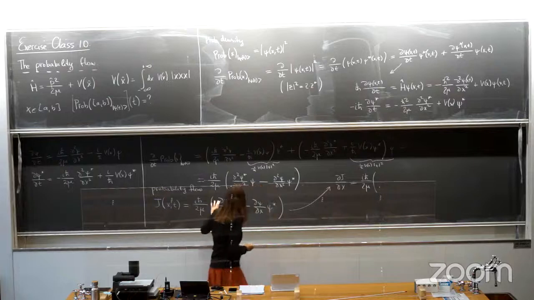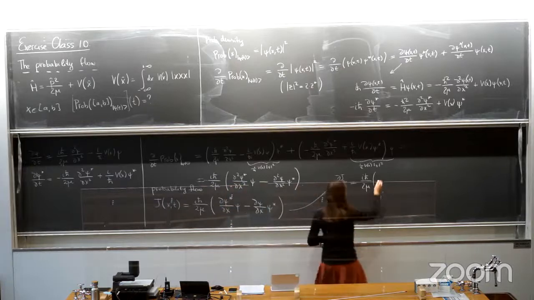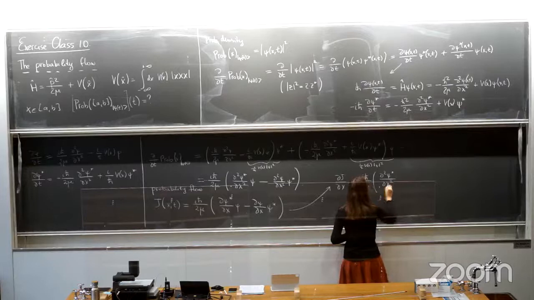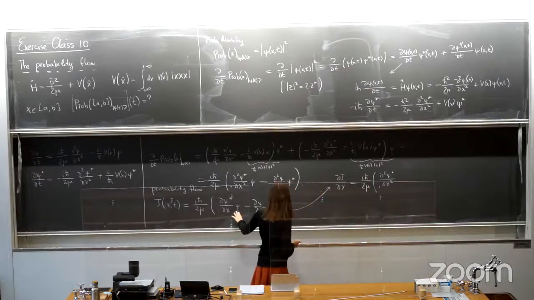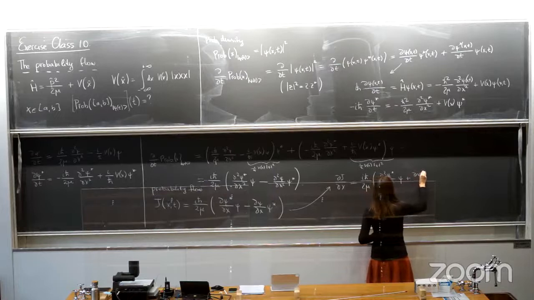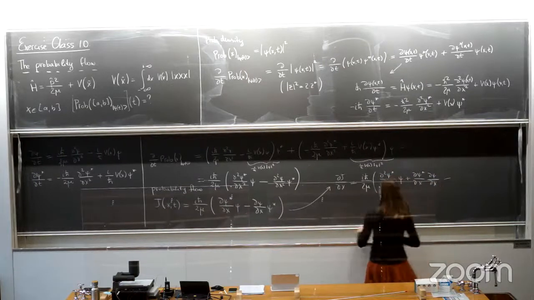Now we take for each of them a derivative by parts. So first we take the first component here, d2 psi star dx squared psi plus d psi star dx d psi dx, minus the second component here.